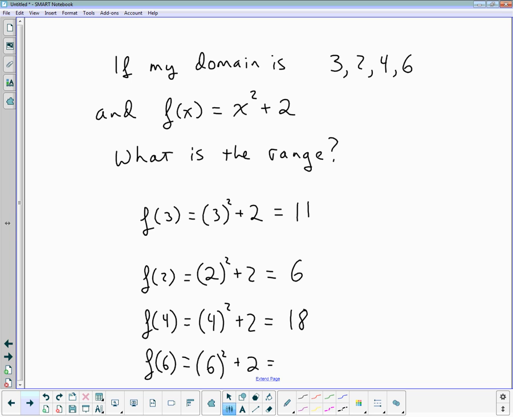And 6 squared plus 2. So to answer the question, what is the range?